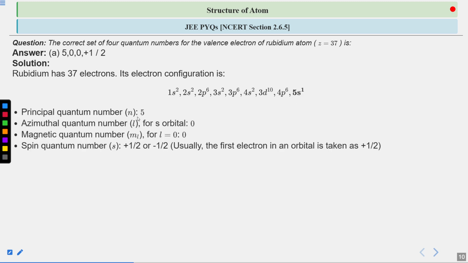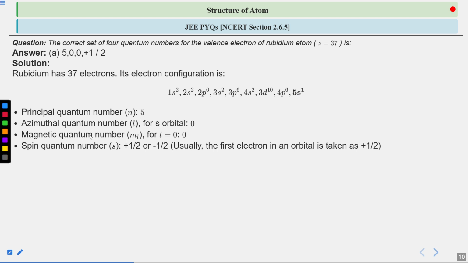So the principal quantum number for the valence electron, or the last electron, is n equals 5. The azimuthal quantum number, that is L, is associated with the particular orbital. We have the last valence electron in the s orbital, so the L value will be 0.